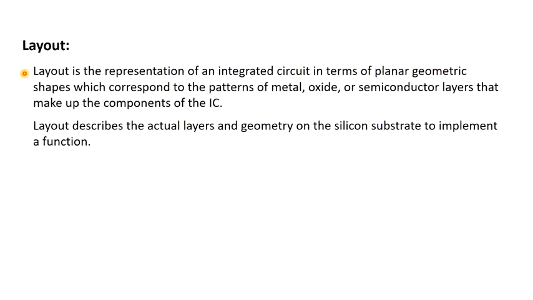The definition is pretty straightforward, and as mentioned earlier, this layout describes the actual layers and geometry on the silicon substrate to implement a function. Function means, in a digital IC, a Boolean function.